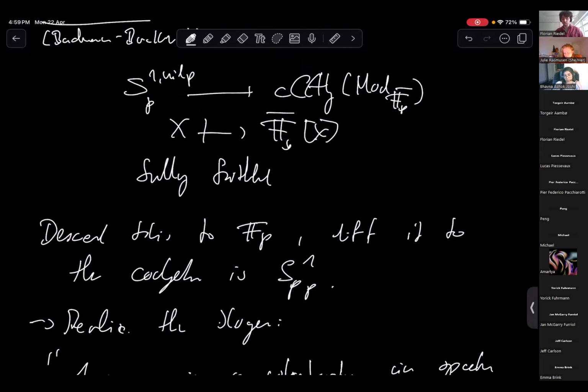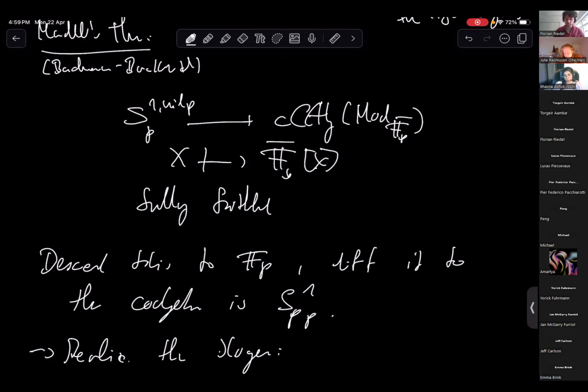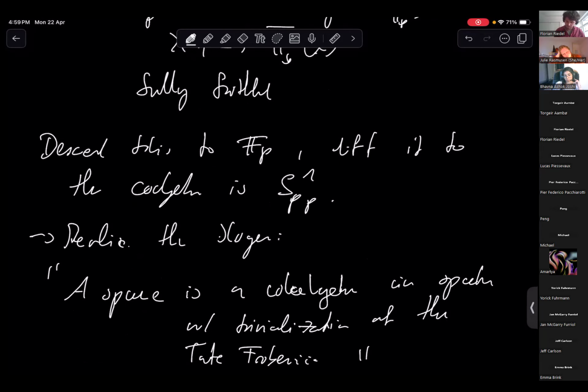And so you can descend your statement, this embedding up here, to FP, and then you use this Weil restriction, spherical Witt vectors thing or whatever to lift it to the sphere. And you identify the descent data you had to input with this Frobenius. And then you undo the descent data and you get a description of the category of p-complete spaces, but then you do the usual fracture square thing. Well, this is sort of in progress.